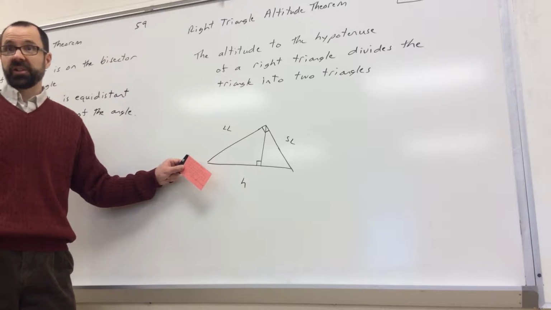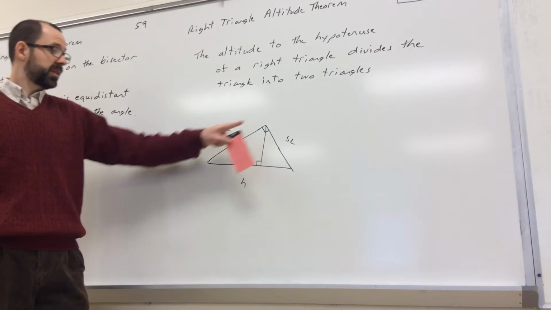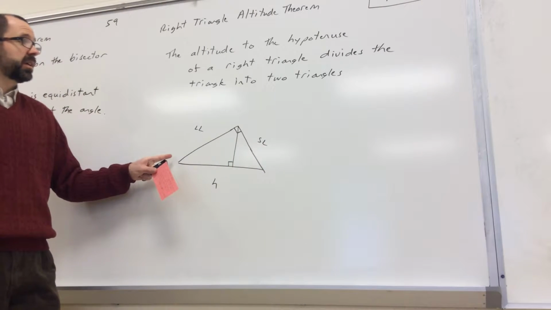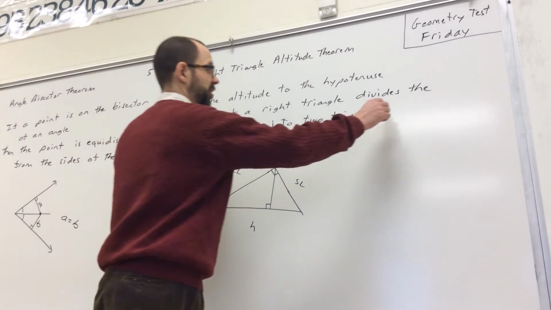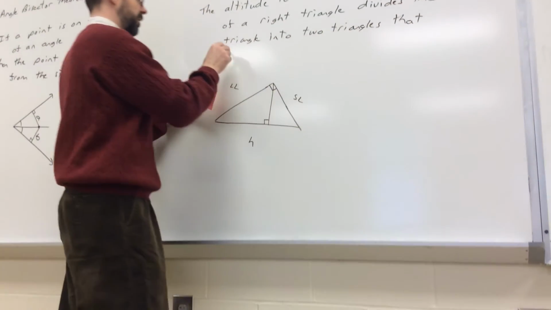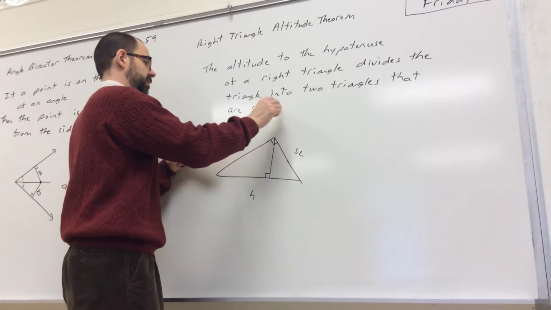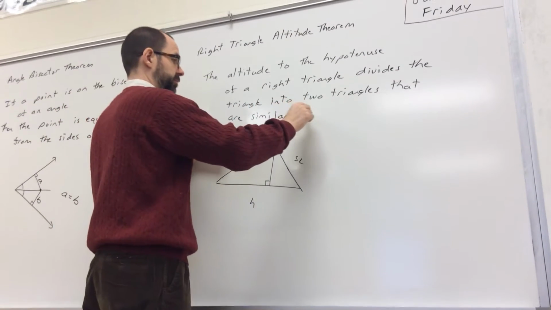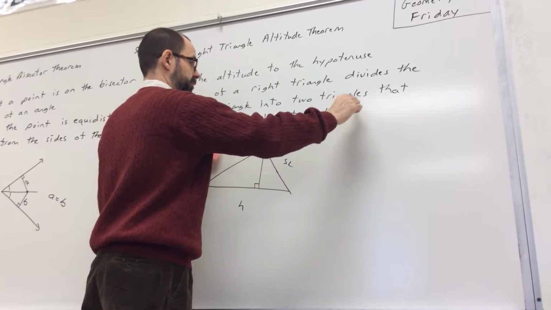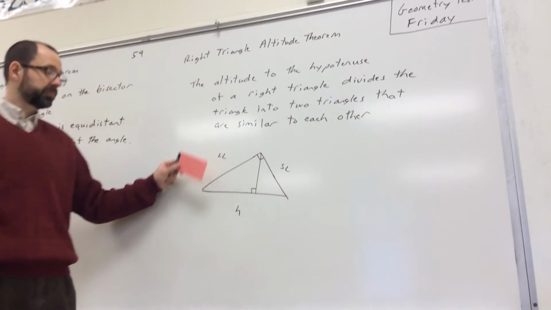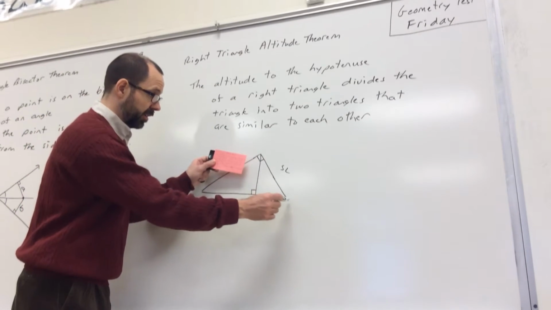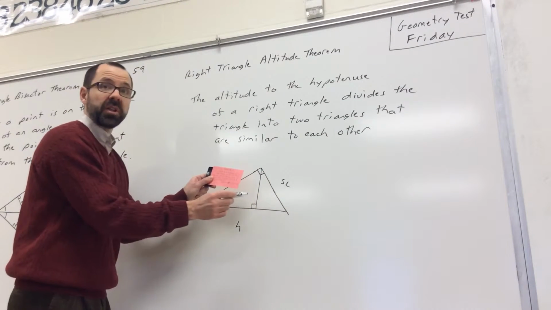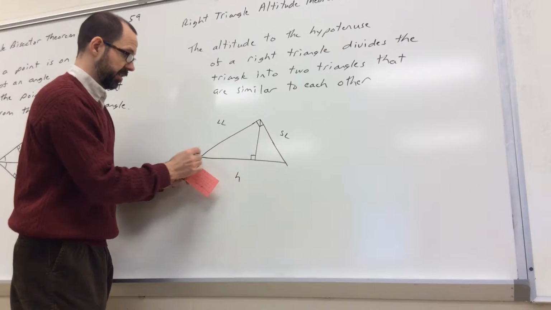So that's not earth-shattering at all so far. The altitude to the hypotenuse of a right triangle divides the triangle into two smaller triangles. And those are similar to each other. So what I'm saying is that this triangle here is a mini version of this triangle here.